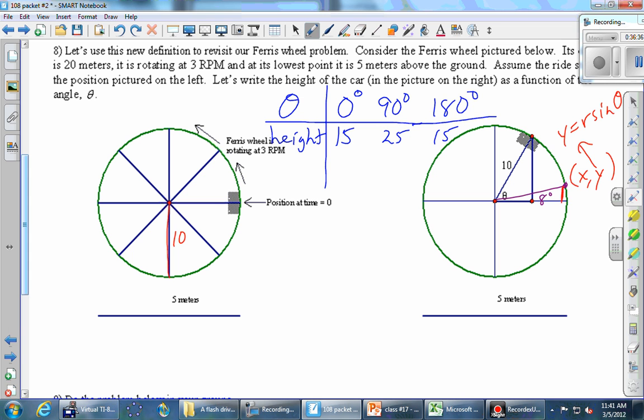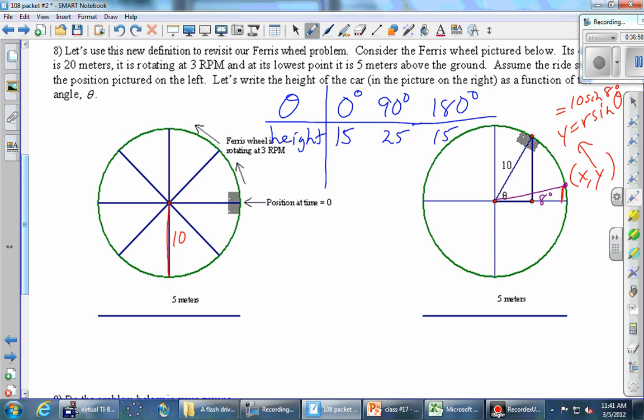So can you guys use your calculators? Instead of r, what do we have? 10. Instead of theta, in this example, what do we have? 8. Can you type 10 sine of 8 on the calculator? Whatever we get, that's how much we have risen. It shouldn't be very much, 8 degrees is pretty small. How much is it?